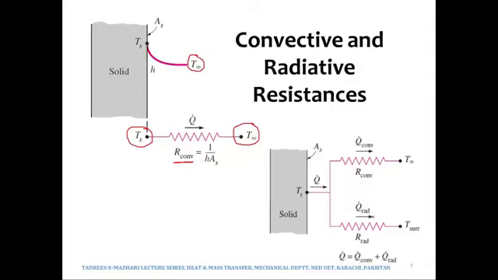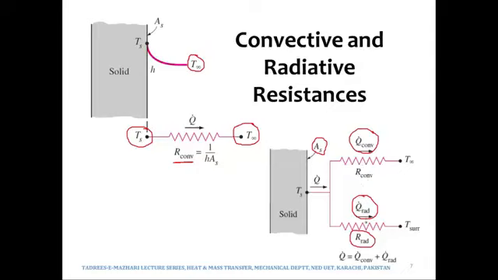Now over here is being shown the radiative resistance, and what is being shown over here is that we have this face, the area of which is again A or As, area of the surface, and the heat is flowing via convection and radiation simultaneously. So if convection and radiation are taking place simultaneously, then those two resistances would come in parallel.